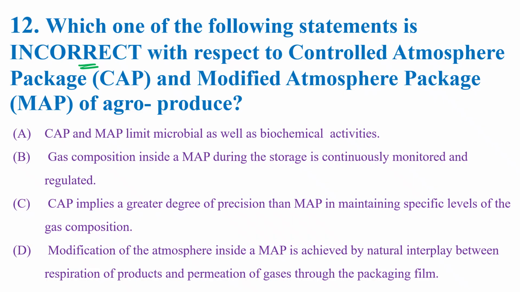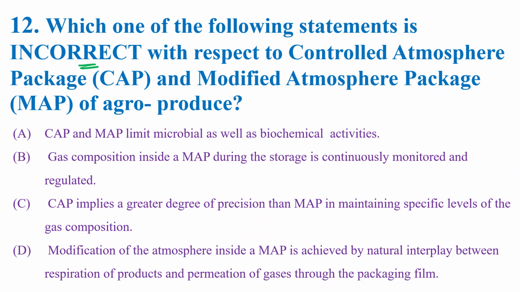It is not continuously monitored or regulated. The gas levels are set initially and change passively due to respiration or permeation, whereas the controlled atmospheric package will actively control and maintain the precise gas levels throughout the storage.